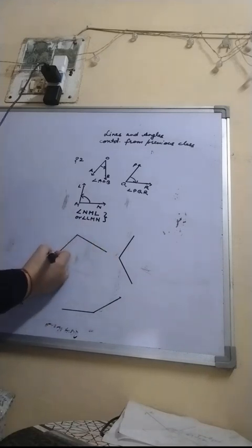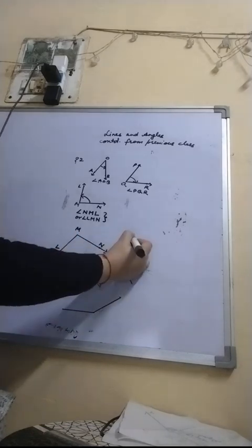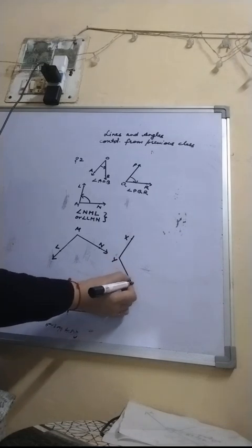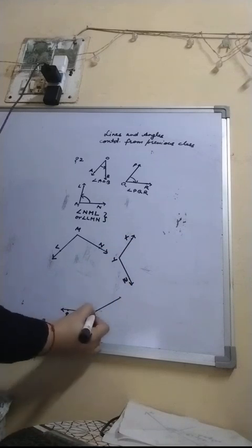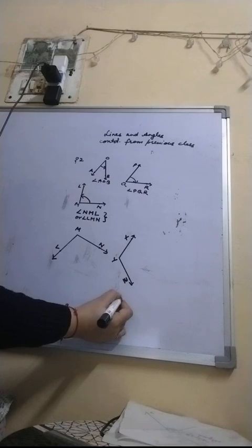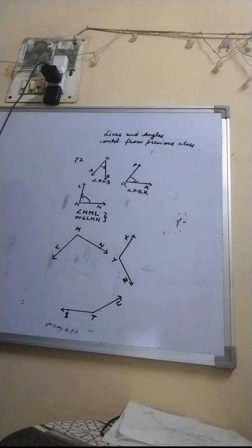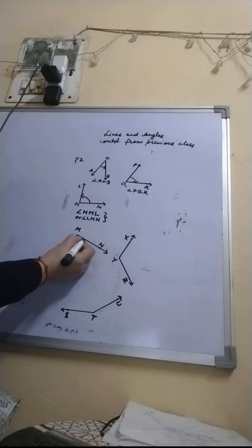The first figure, first you mark it L M N. Second figure X Y Z. Third figure S T U. Okay, these are the three figures. Now L M N. Again you can start from LM or you can start from MN. It's your choice. So let's start from LM.